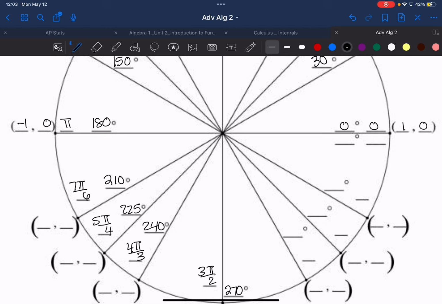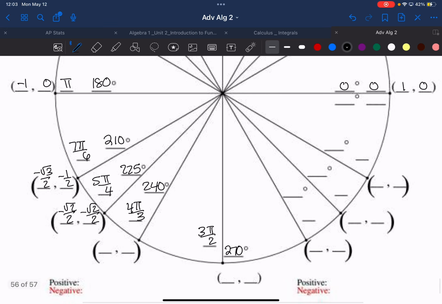And then our corresponding points. You'll notice this time that since we're in the third quadrant, both x and y are going to be negative. So we have negative square root of 3 over 2, negative 1/2, negative square root of 2 over 2, negative square root of 2 over 2, negative 1/2, and negative square root of 3 over 2.